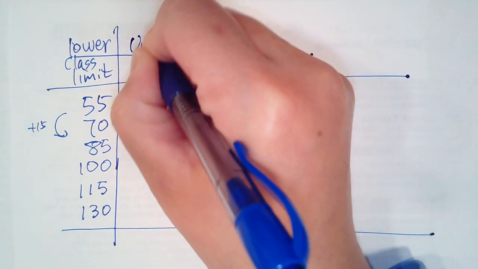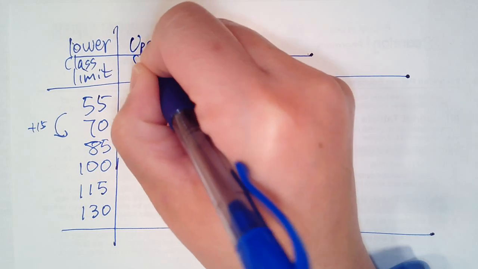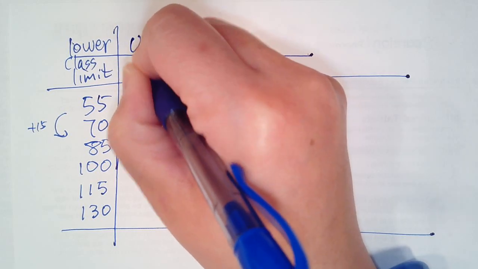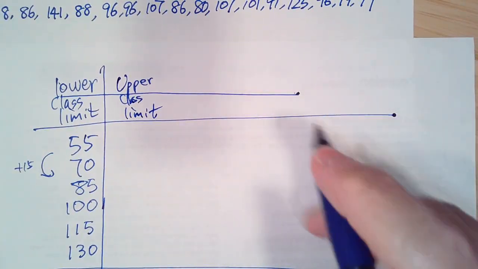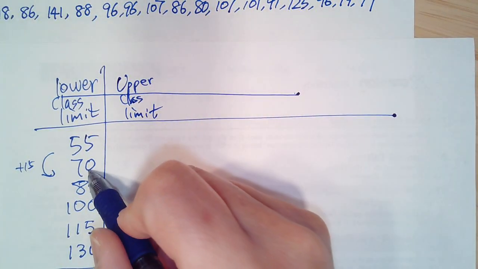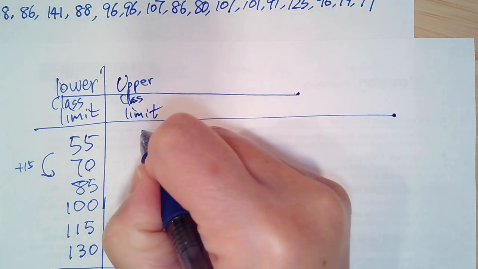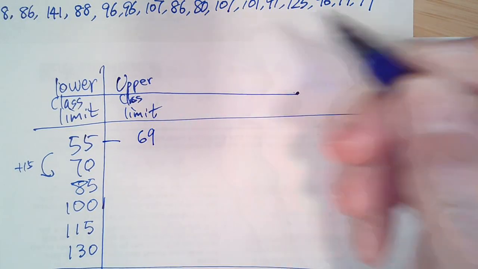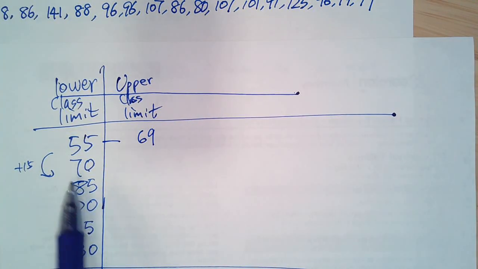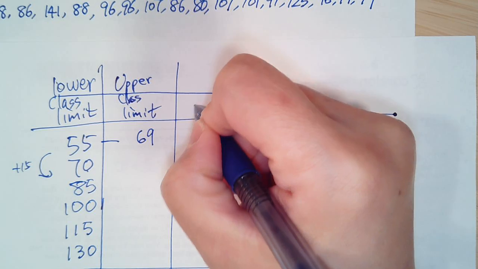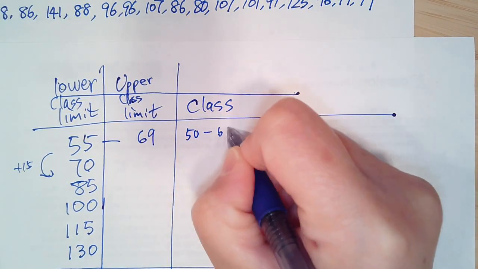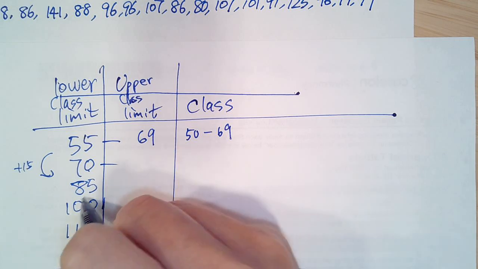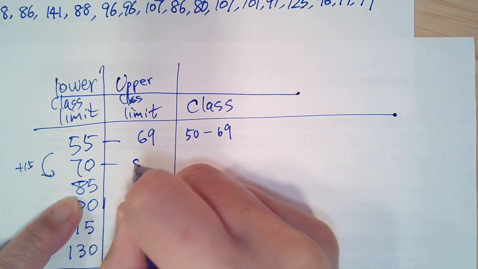Then the upper class limits. Since we have all integers, from 55 the next one starts from 70, so here will be 69. Can you see that? So the first class will be 55 to 69, then 70 to one less than 85, which is 84.